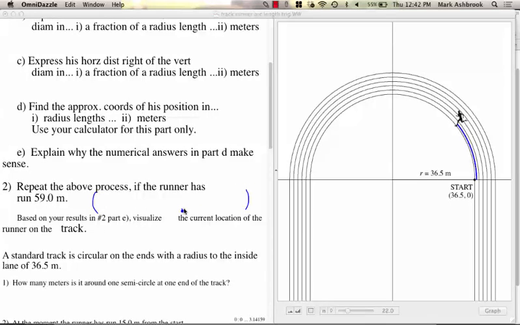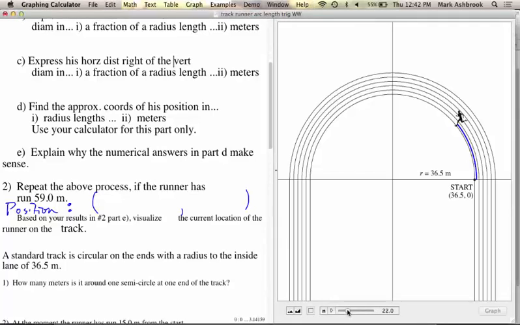So no calculator. Position of the runner as an x and y coordinate in meters. Go, everyone do it. If the runner went 59 meters. And I'll show that.